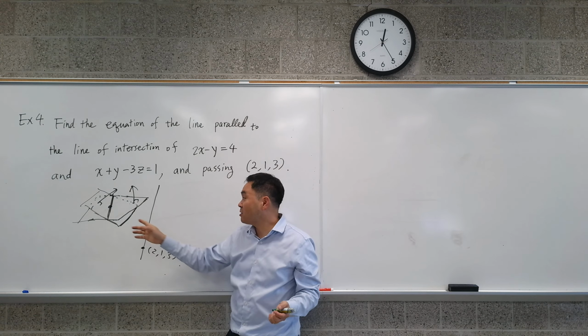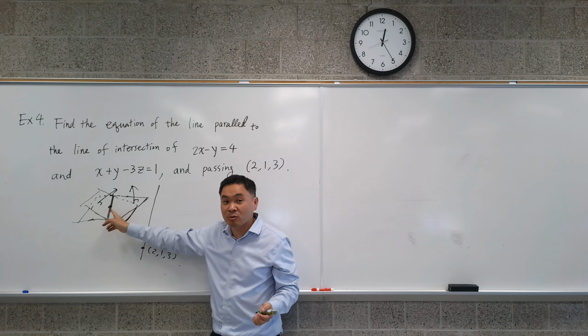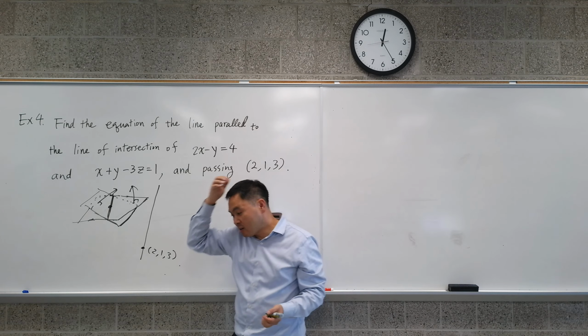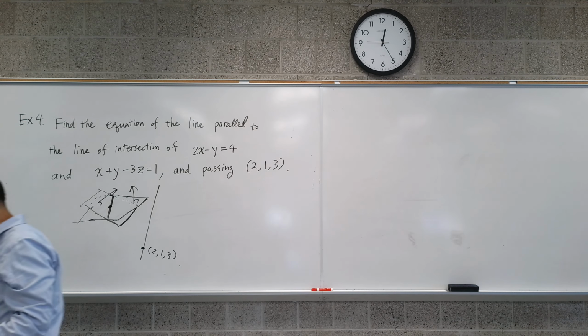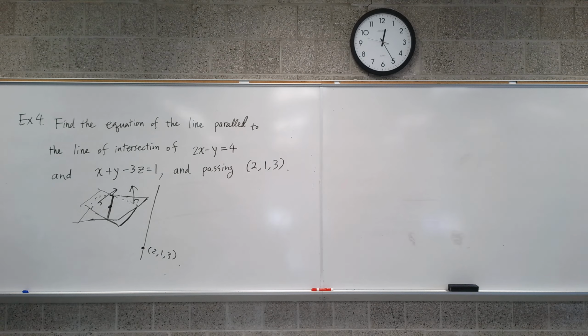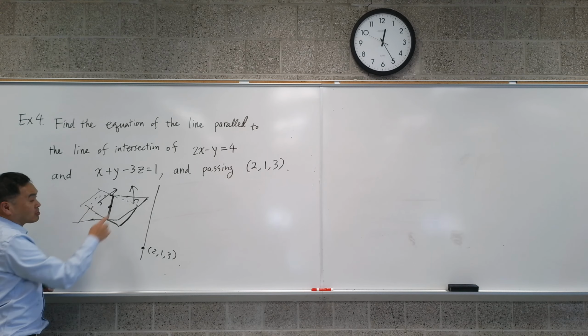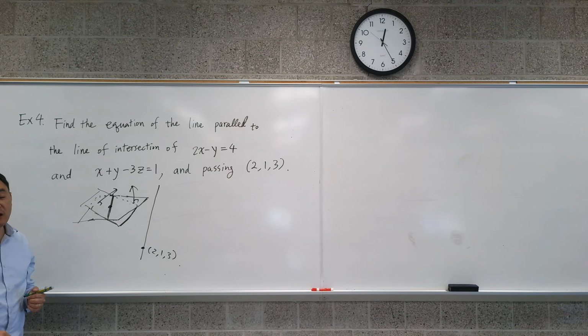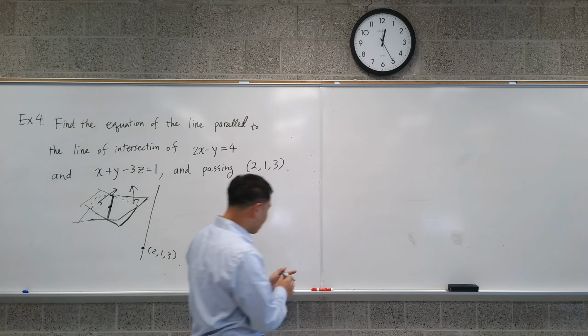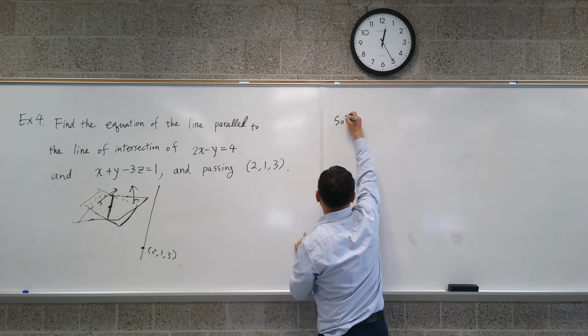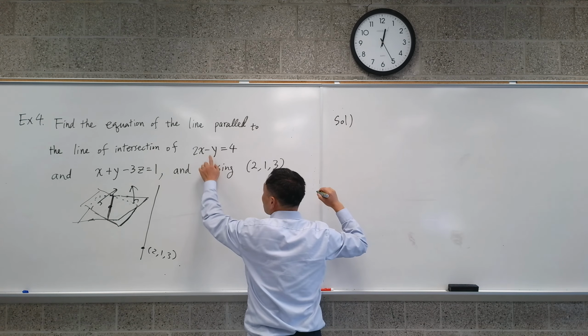So that means the direction of this line is going to be a perpendicular vector to both of these vectors. How do you get a perpendicular vector if you're using two vectors? Cross product. So the solution will require you to calculate the cross product of the normal vectors.